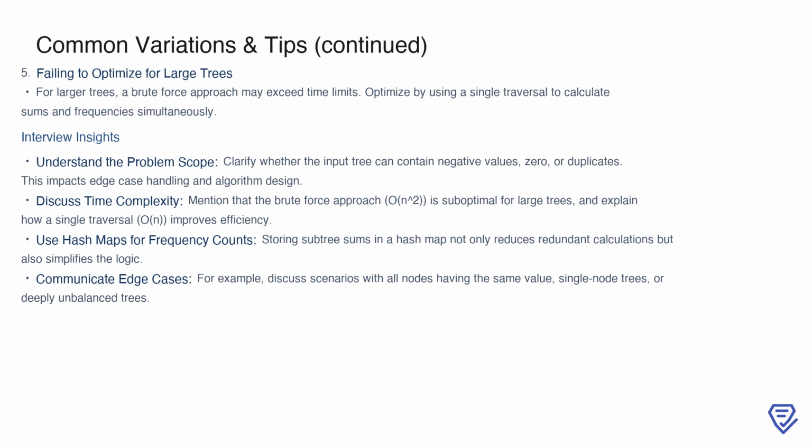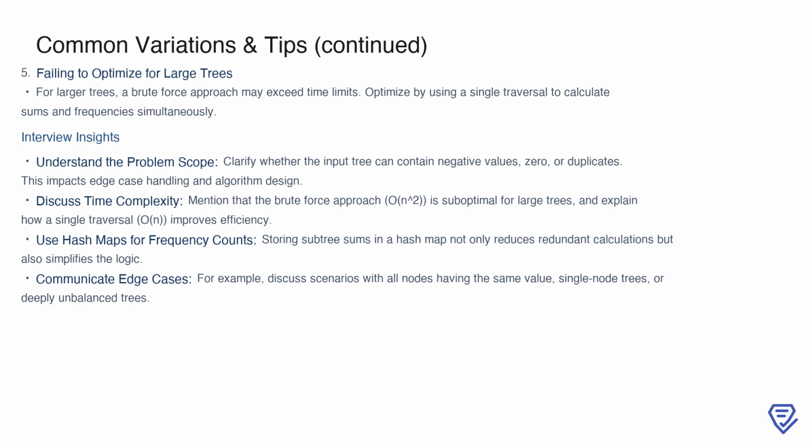From an interview perspective, it's essential to fully understand the problem scope. Be sure to clarify whether the input tree may include negative values, zeros, or duplicate values, as these factors will influence how you handle edge cases and design your algorithm. Additionally, always discuss time complexity. While the brute force method operates in O(n²), pointing out how a single traversal reduces this to O(n) demonstrates a strong understanding of optimization.